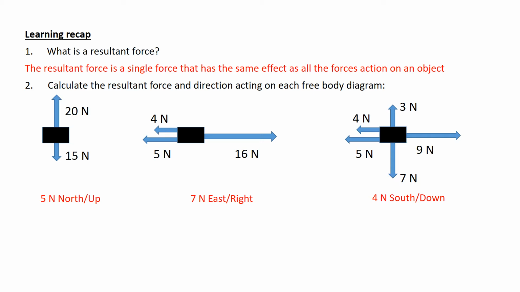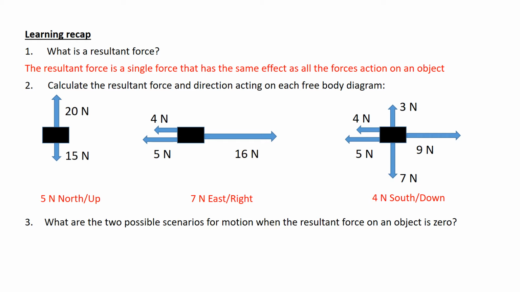First of all, it's a bit of a trick. You've got 9 newtons acting to the left, 9 newtons acting to the right, but you've got 7 newtons acting down and 3 newtons acting up. Obviously, the left and right forces cancel each other out because they're equal and opposite. However, there is an excess of 4 newtons acting downwards.